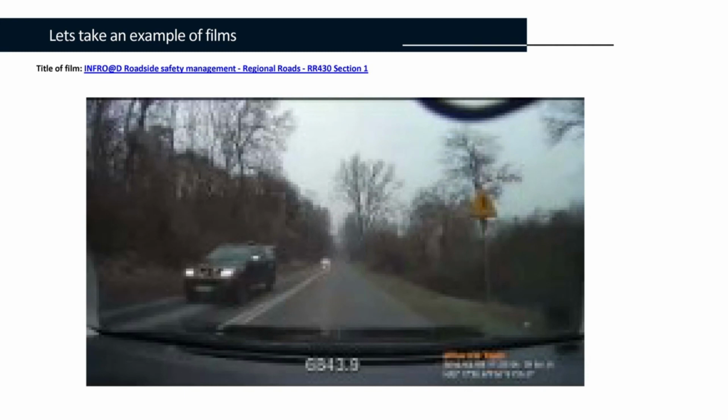First step is that you go to YouTube, using this link, and watch the film on your own, which I put here. You have to look for mistakes and problems or good solutions for pedestrians and cyclists on this road section.